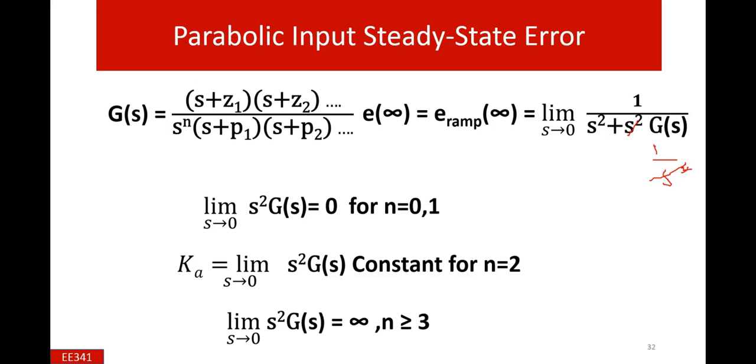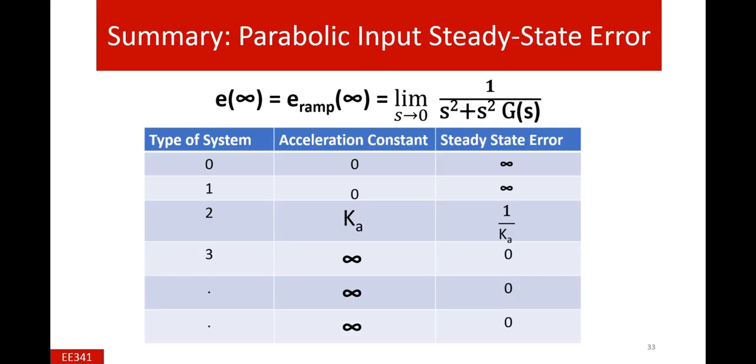For example, let's see this table. If the type is 0 or type 1 system, then the acceleration constant is 0, and the steady state error is infinite. And for type 2 systems, there is a constant term and the steady state error is also constant.